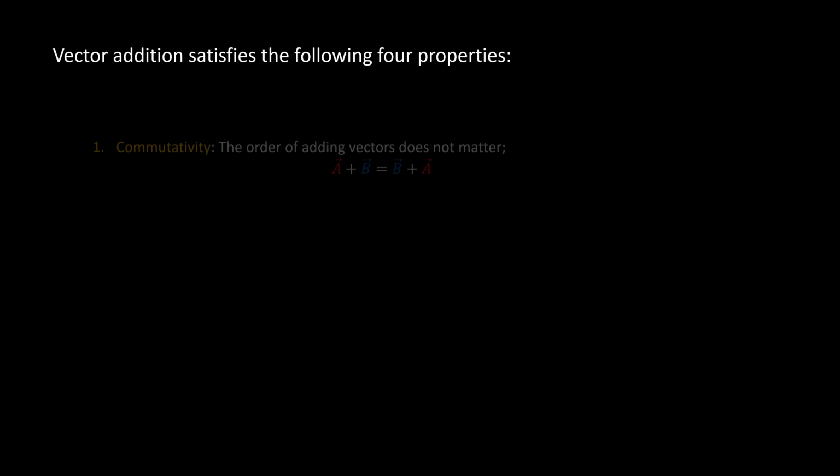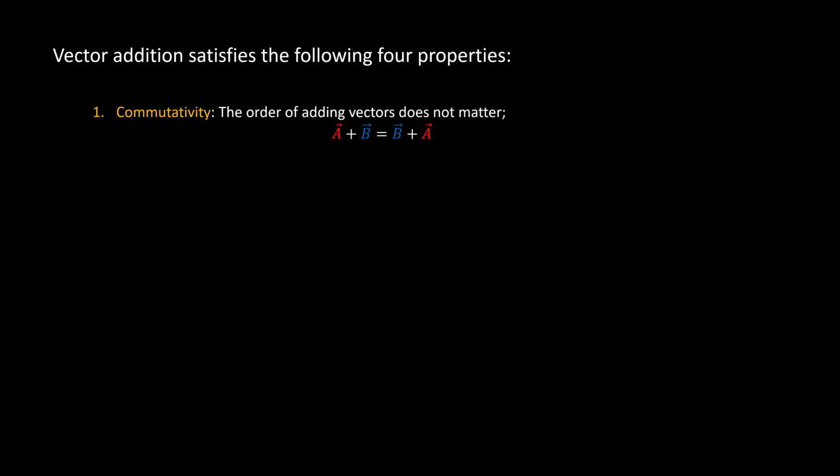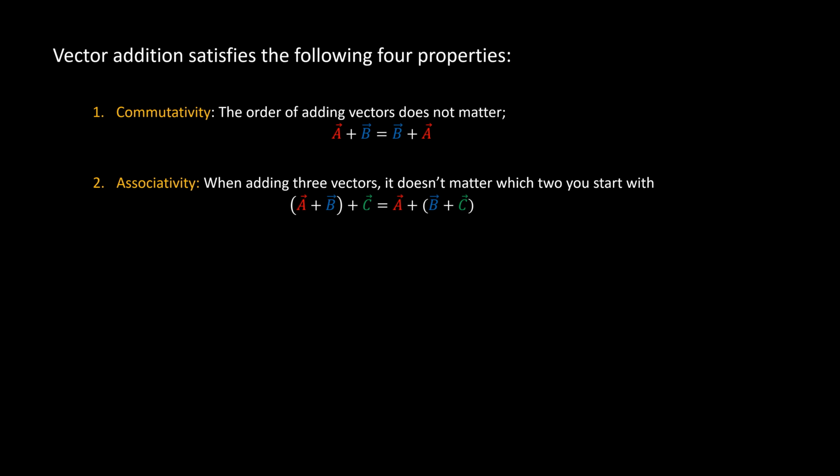Vector addition satisfies the following four properties. Commutativity. The order of adding vectors does not matter. A plus B is just the same as B plus A. Associativity. When adding three vectors, it doesn't matter which two you start with.